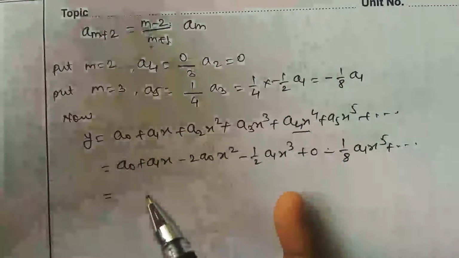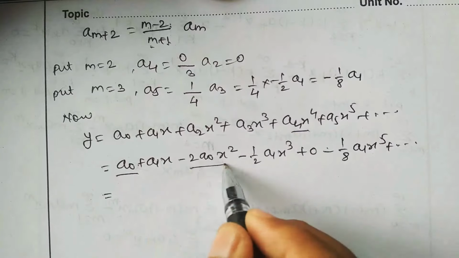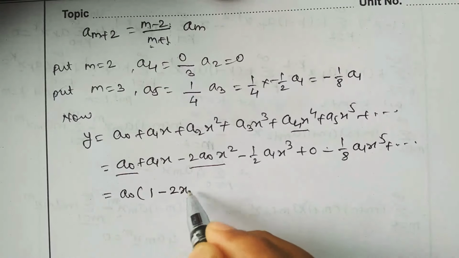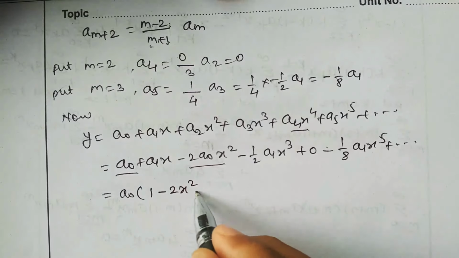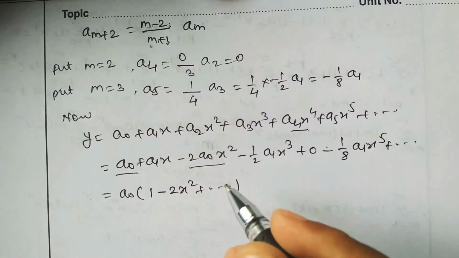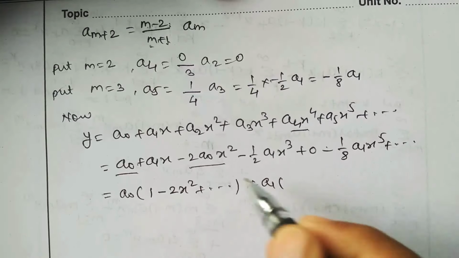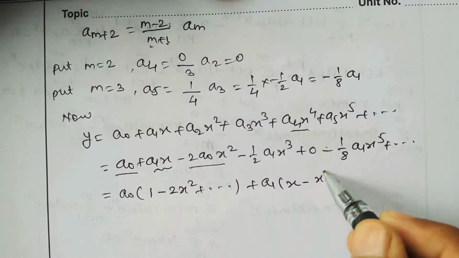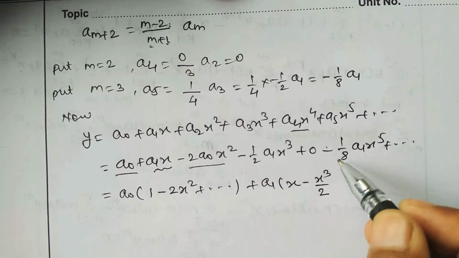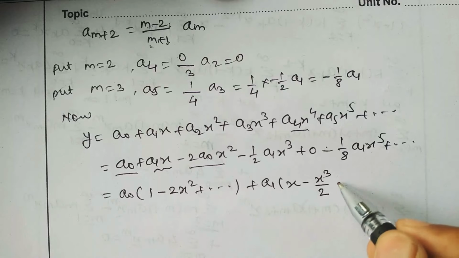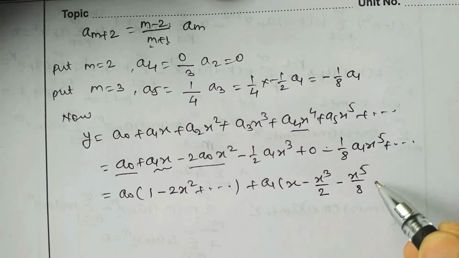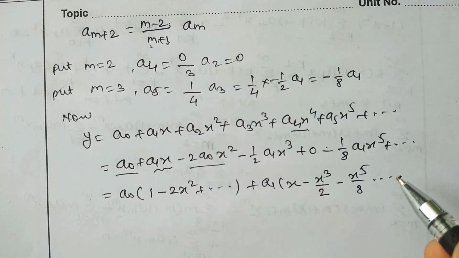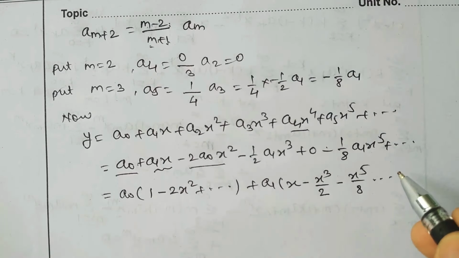So collecting terms of a0, you will get a0 into 1 minus 2x square plus dot dot dot. Collecting the terms of a1, you will get a1 into, this term is x, then this term is minus x cube by 2, and this term is minus x to the 5 by 8. Remaining terms as dot dot dot.